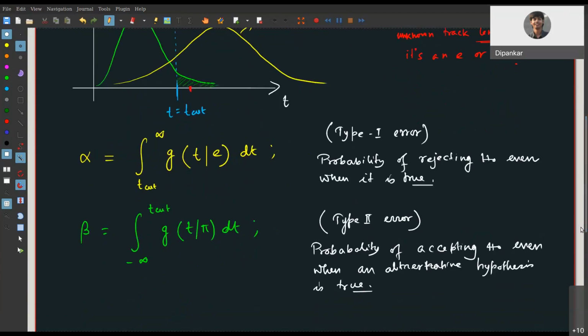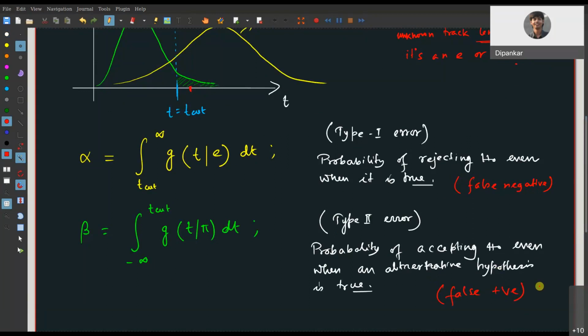And the opposite one is called beta. You can think of these things as follows: this is basically a false negative, and this is a false positive.